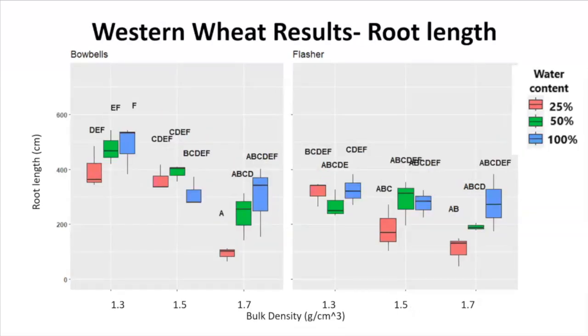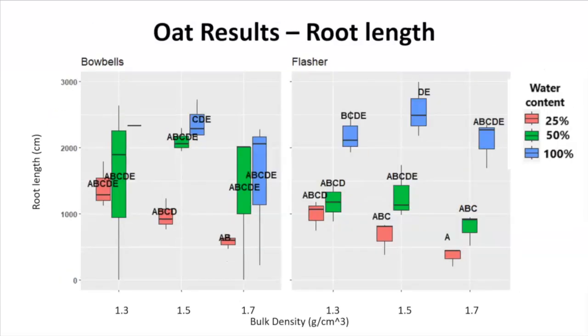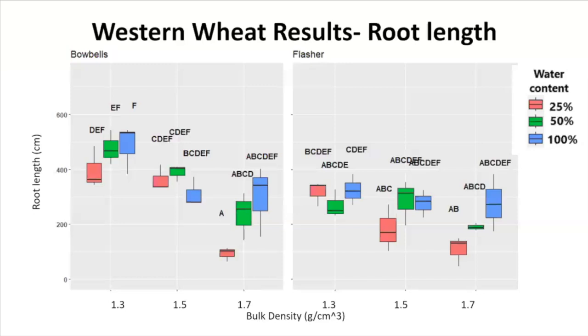And much like in the above ground biomass results, I had to change the scaling of this root length because in the oats, we get a lot of length on these roots. But in this one, we got much less length in the roots. This is not surprising given that Western wheat is a perennial, but I'm going to talk about that in the next slide.